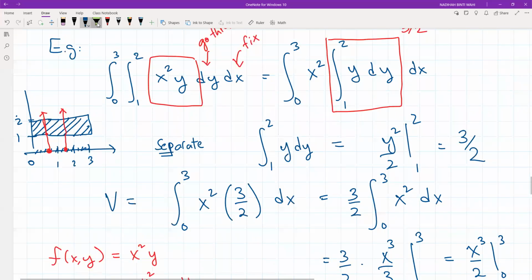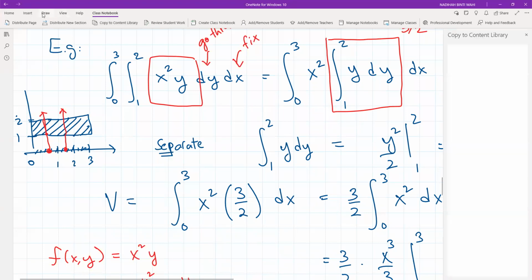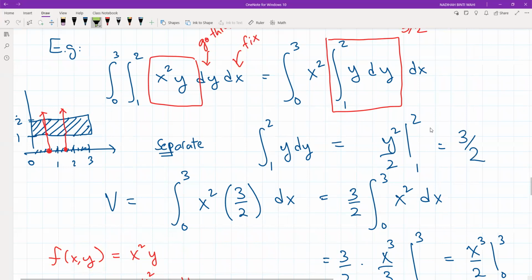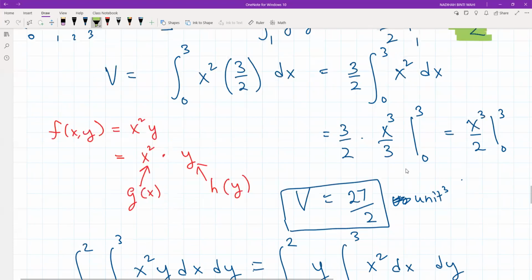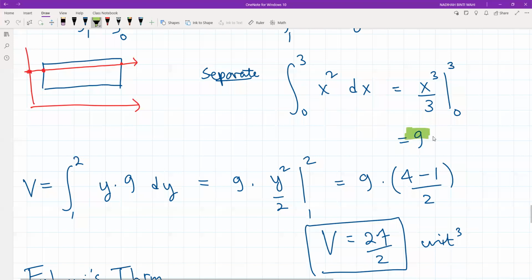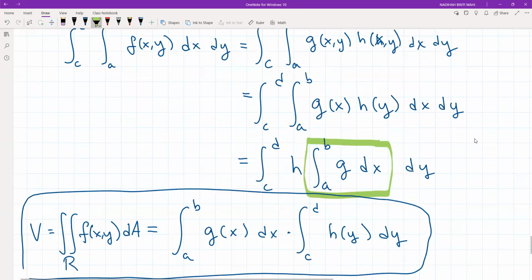Nampak tak? Bila you integrate this, akan dapat constant. This is a constant. Same thing kalau kita integrate yang ni juga, kita akan dapat constant. So this is the continuation.